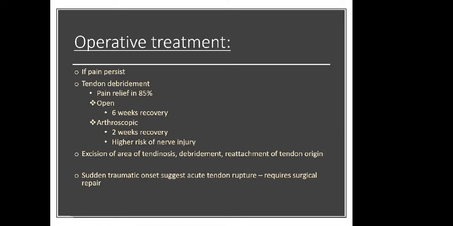Tendon debridement is excision of the tendinosis area, debridement, and also reattachment of the tendon origin. Pain with acute onset is also an indication for surgical repair if we suspect a tendon rupture at the lateral epicondyle.